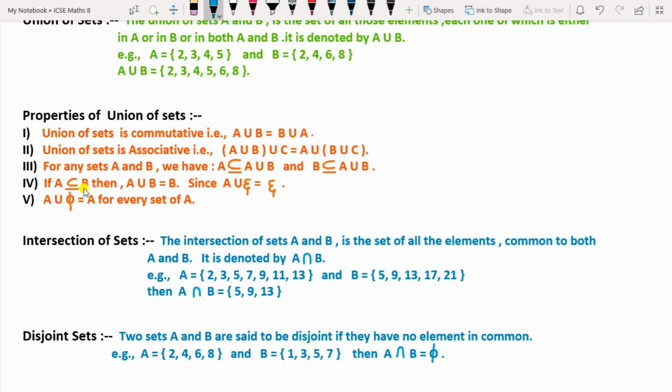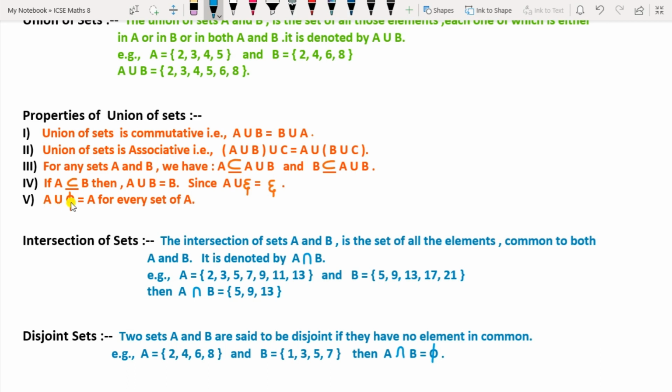That means here B is the superset and A is the subset. So if you do the union of a subset and a superset, then what will happen? The answer will be the superset. Similarly, A union the universal set gives the universal set. If you take a smaller set and the universal set, the union will be the universal set, that is the bigger set.